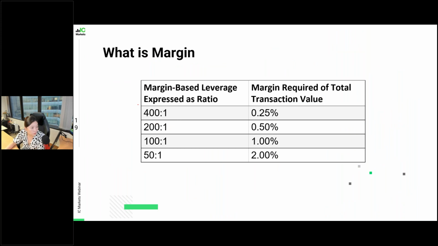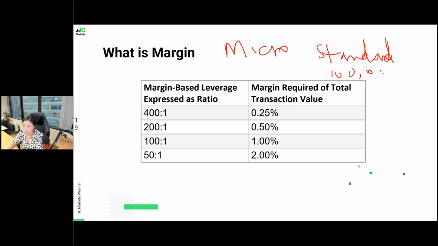What if you do not use leverage? Some people prefer not to use leverage, but if you want to trade stocks or shares, some of them have a standard contract size which requires a bigger ticket size, meaning you can't trade a micro contract. You have to trade a standard contract, which is a big ticket, typically 100,000.